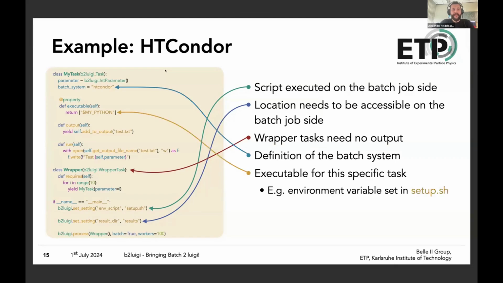And what we also use here is an executable setting, which will make sure that the executable Python is used that we want. And in this example, it will be defined as an environment variable in our setup.sh script. Just to give you a brief idea of how to use this.